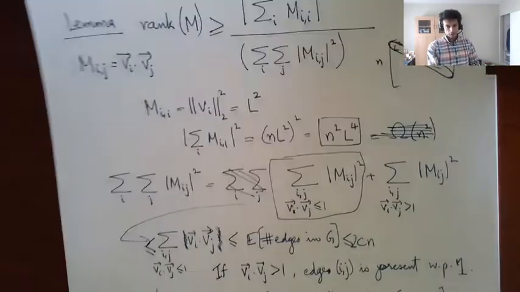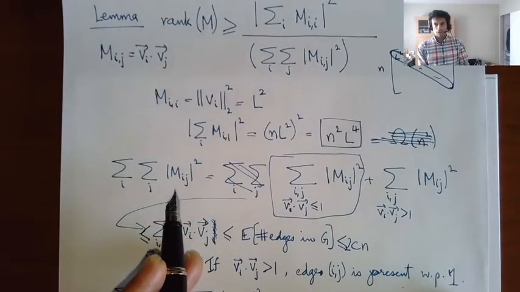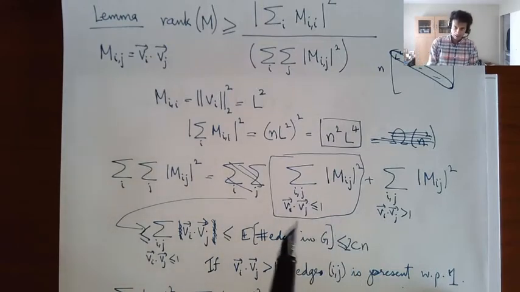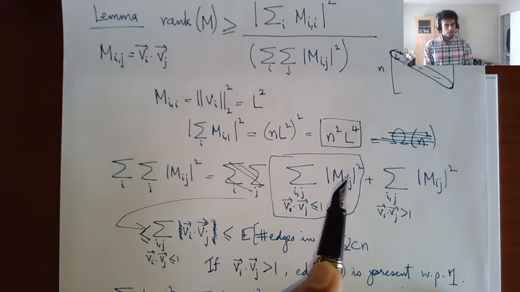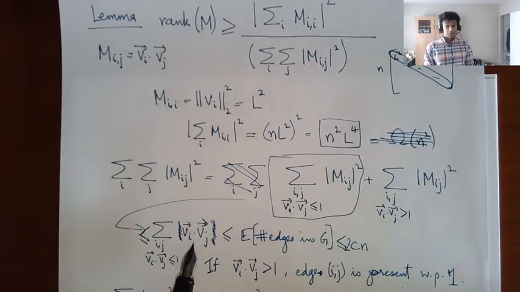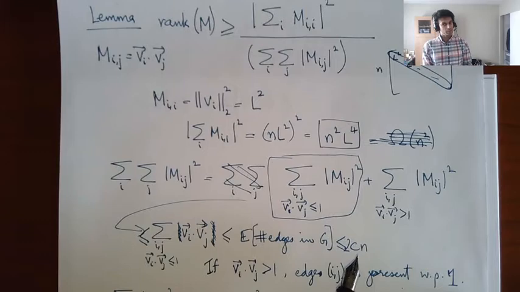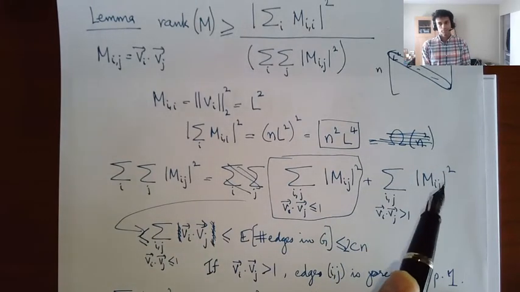The denominator, I split into two parts: the entries that are less than 1, and the entries that are more than 1. Let me look at all the entries that are less than 1. I can just remove the square because all the entries are less than 1. Then I just get the summation of vi dot vj, where vi dot vj is less than 1. This is at most the expected number of edges, so this is 2 times c times n. Now let me look at the second part.